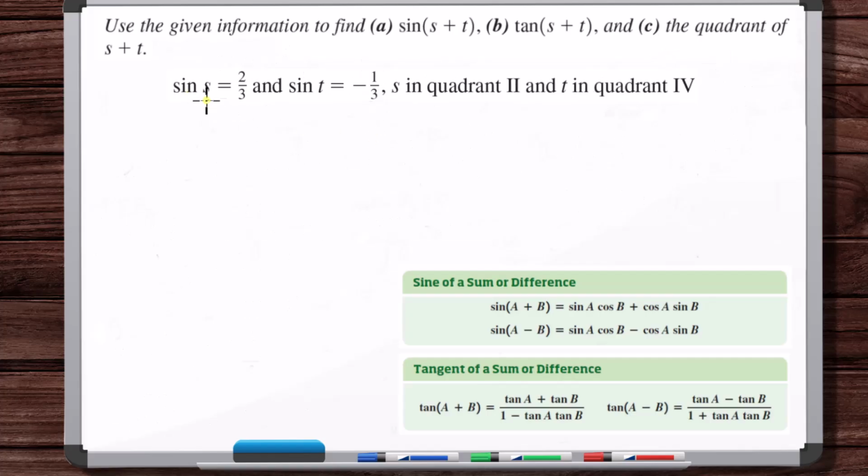Okay, so we've got sine of s and sine of t, so let's find cosine of s and cosine of t. So sine squared s plus cosine squared s is equal to 1. So sine of s squared is going to be 4/9. All right, so cosine squared s, 9 over 9 minus 4 over 9 is 5 over 9.